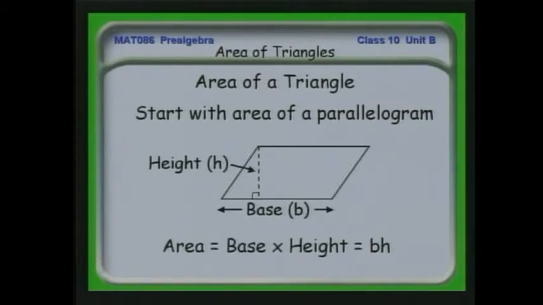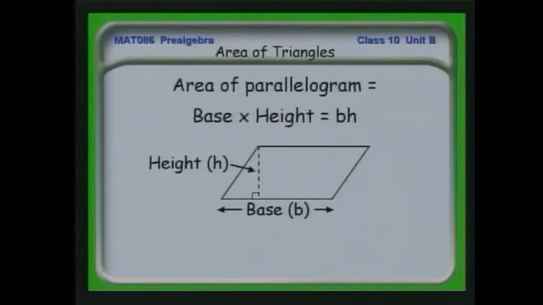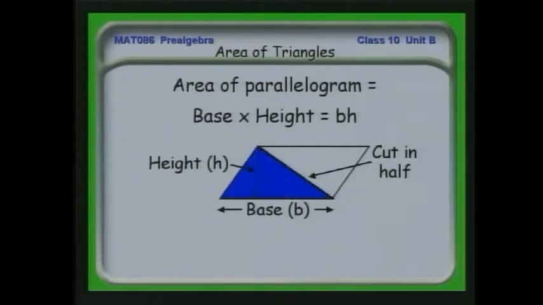We can see that if the area of a parallelogram is the base times the height, and we draw a diagonal across from one extreme corner of the parallelogram to the other, what we have is a couple of triangles. So it follows the area of a triangle has to be half the area of an equivalent parallelogram.